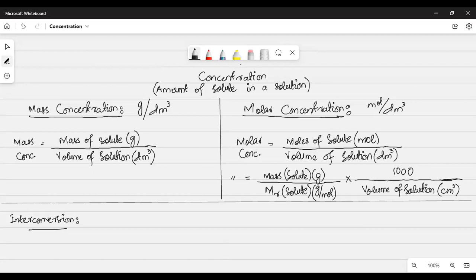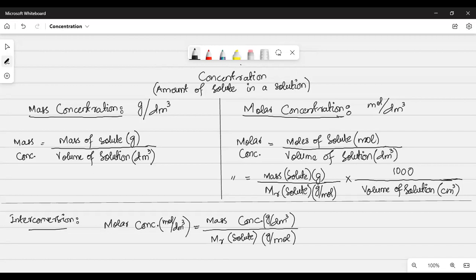So if you have mass concentration in gram per decimeter cube, and if you divide it by the MR of solute, which is usually given in gram per mole, you would get the units for mole concentration, which are mole per decimeter cube.